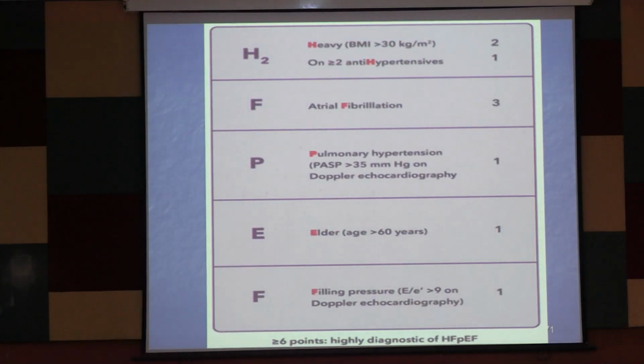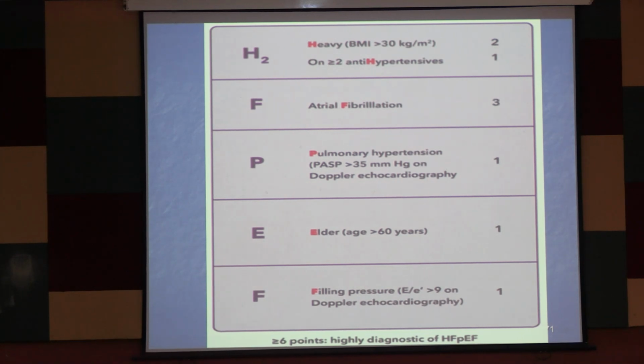Now, assessment of heart failure with preserved ejection fraction. First mode of assessment is the H2FPEF score. First H, heavy, that means body mass index exceeding 30.